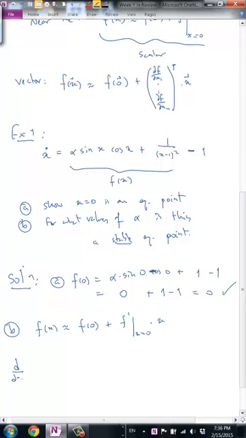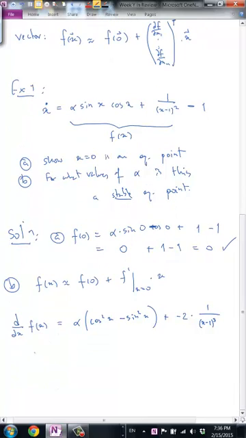So d dx of f is equal to alpha times (cosine squared x minus sine squared x) plus minus 2 times 1 over (x minus 1) cubed.